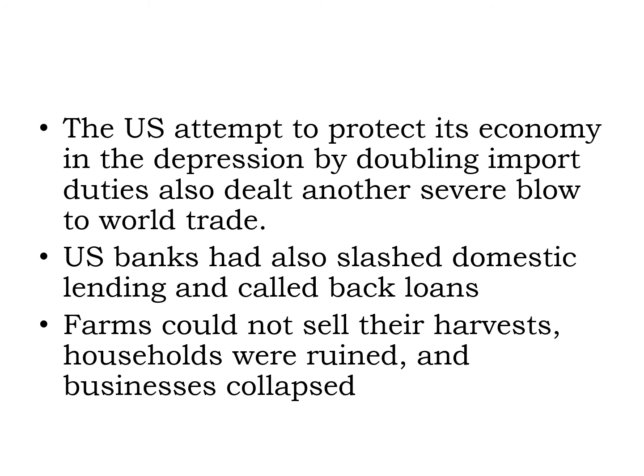That's why it doubled import duties. On the other hand, US banks slashed domestic lending and called back loans. Farms could not sell their harvest, households were ruined, and businesses collapsed. This is what we call the Great Economic Depression.